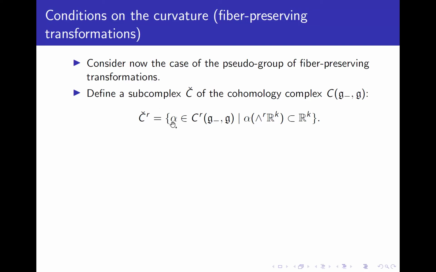We consider only cochains that, if we apply them to r-tuples of elements from our abelian ideal, end up again in the abelian ideal. This is a restriction, and it can be shown that it is preserved by the differential of the Lie algebra cohomology complex. So this is a real subcomplex.